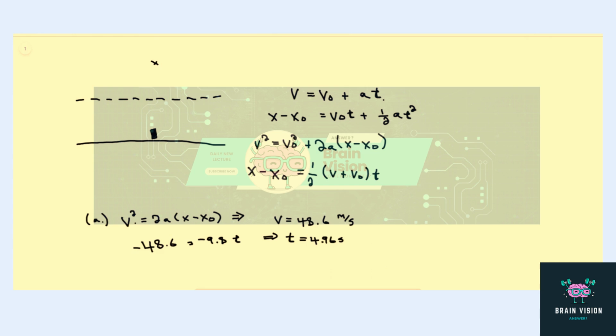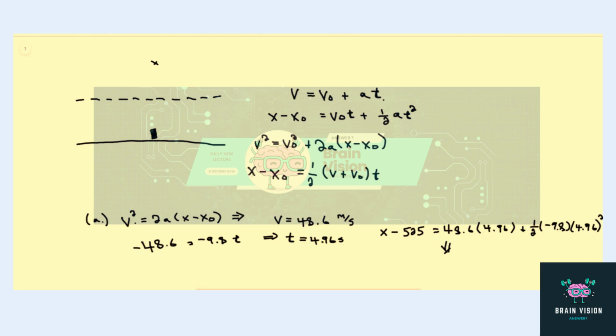Now to get the x value here, we can use kinematic equation 2. So x minus x naught, where x naught is 525 meters, is equal to v naught, which in this case is 48.6, times t, 4.96, plus 1/2 times negative 9.8 times 4.96 squared.